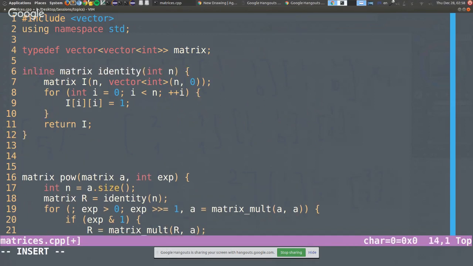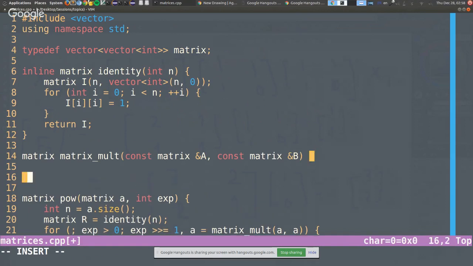And then we need to make the matrix multiplication. Here we want the 0 matrix.